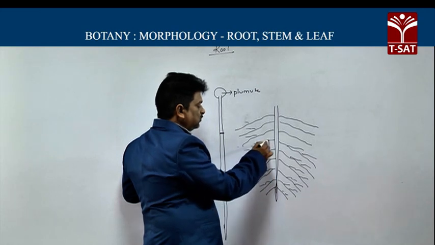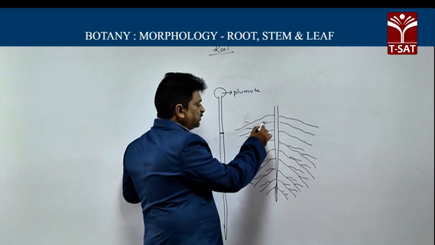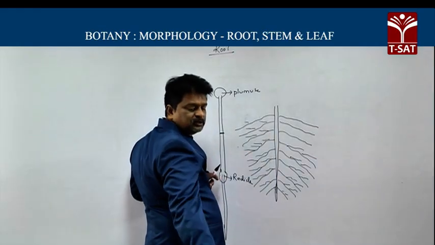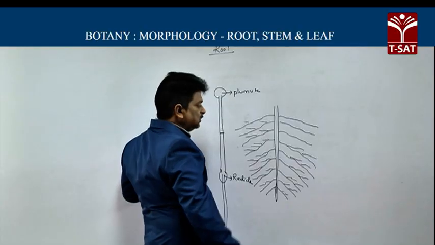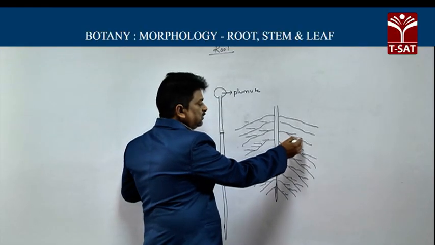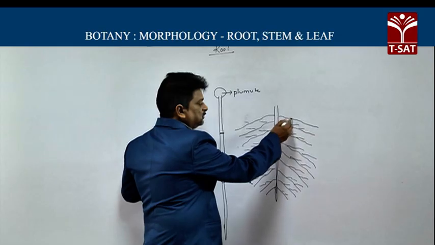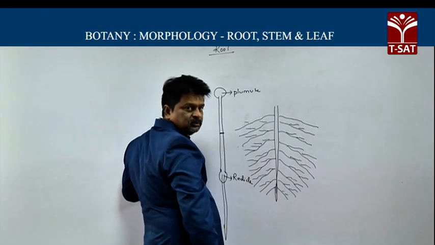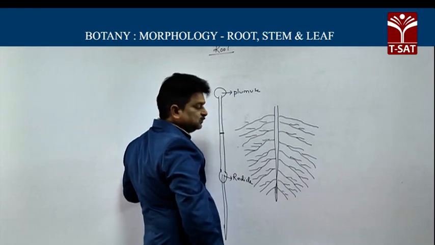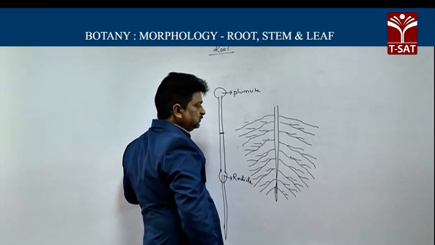Such unicellular outgrowths are called root hairs, and such a root system is called the taproot system. This taproot system is found in dicots and also gymnosperms, but never in monocots. So this is the taproot system.